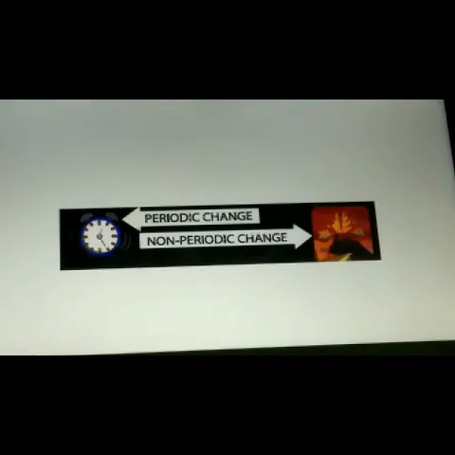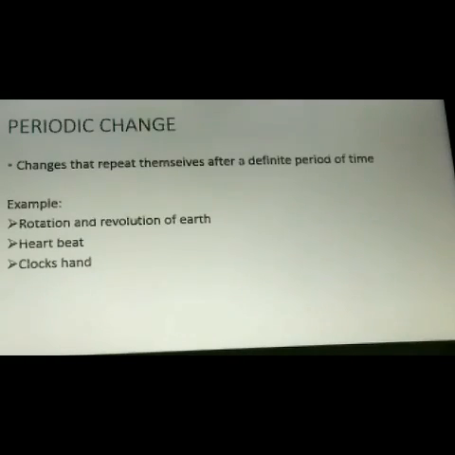Now let us see what is meant by periodic and non-periodic changes. So now let us move into the first one, that is periodic change. Changes that repeat themselves after a definite period of time are said to be periodic change.